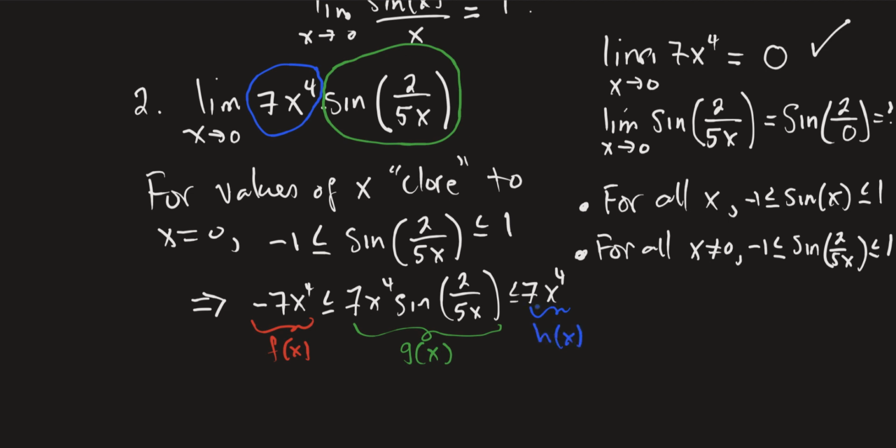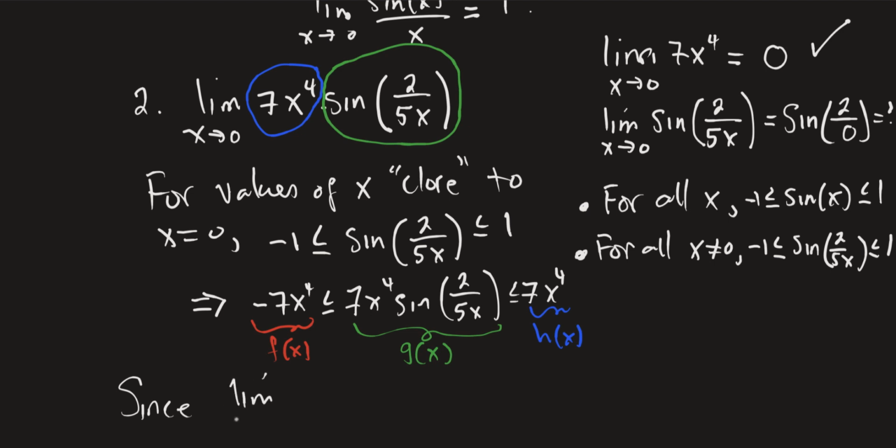Even though we're given this limit and we were not given the inequality, we could figure out a standard inequality based on this result from trig, this property of the sine function. So let's evaluate the limit of the lower and upper functions now.